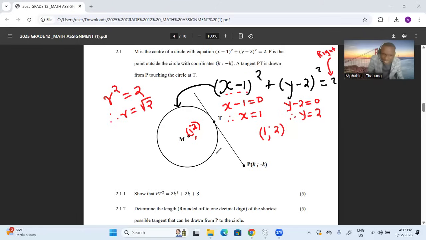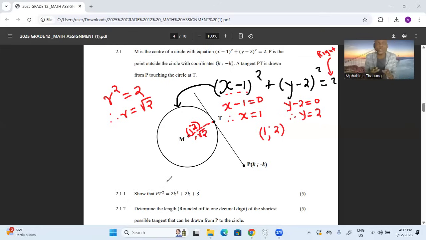Which means the distance from M, the center of the circle, to T is the square root of 2. We have the distance from M to T, which is the radius, the square root of 2. I just found it from the equation of a circle.